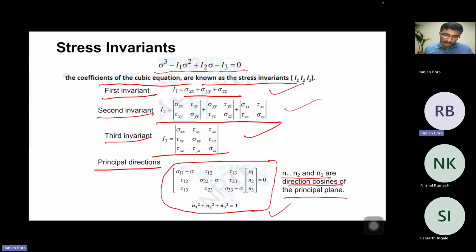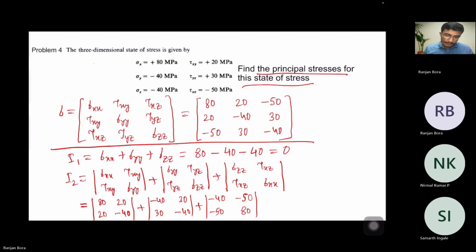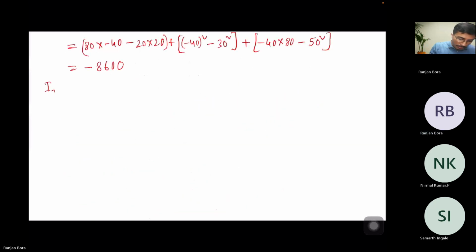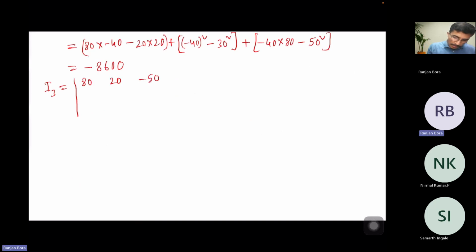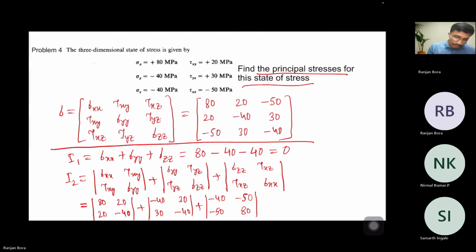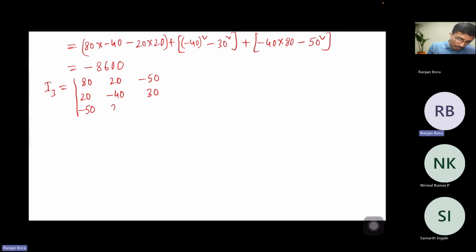I3 is the determinant of 80, 20, minus 50, 20, minus 40, 30, minus 50, 30, minus 40.